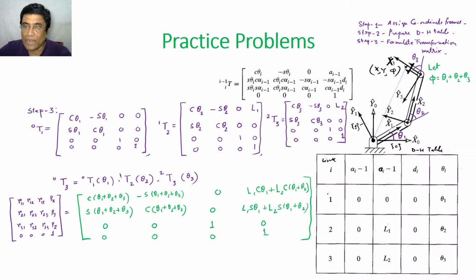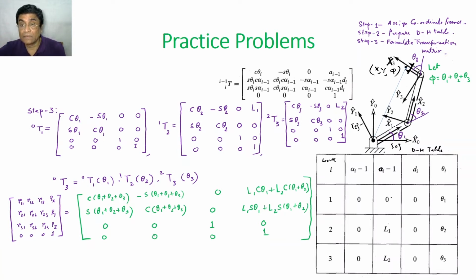Link number 1. So I am talking about this. What is the alpha angle with respect to the inertial coordinate frame? Link 1 means I am calculating 1 with respect to 0, right? This is i minus 1. So i minus 1 means it is 0. With respect to 0, I am filling up this row. So this will be 0, because there is no twist angle, right?